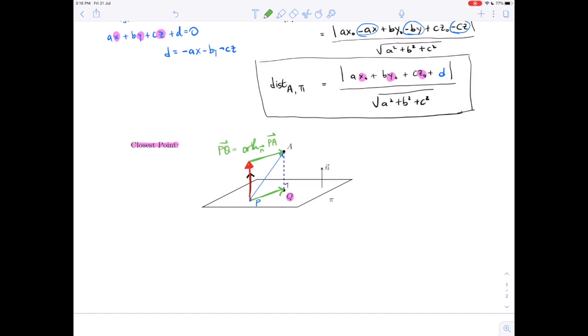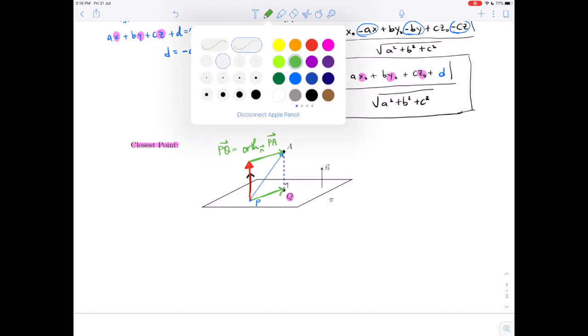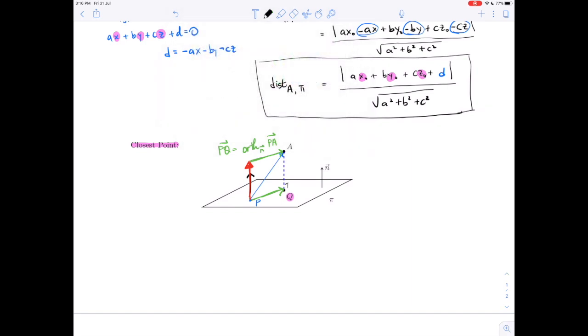And so one way to find point Q, right, if we want the position vector of OQ, well, that is the position vector OP plus PQ, but PQ we just said is the orthogonal, so OP plus the orthogonal of PA relative to N. So that is one way of finding the position vector of Q.